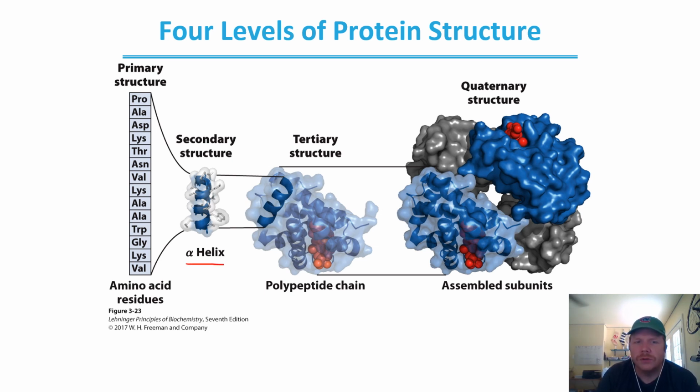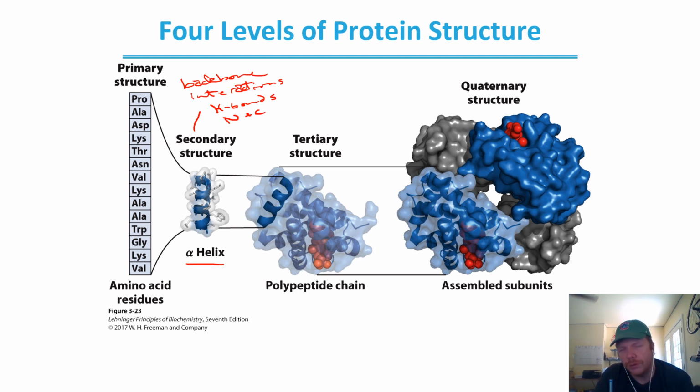Now, secondary structure is going to be stabilized by what are commonly known as backbone interactions. Those backbone interactions are going to be the hydrogen bonds of the N and C termini of different residues. Now, what that means is that the secondary structure has virtually nothing to do with different R groups.